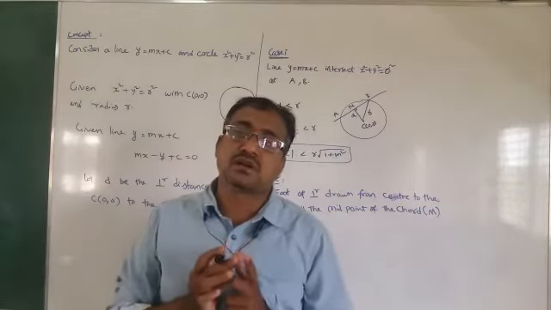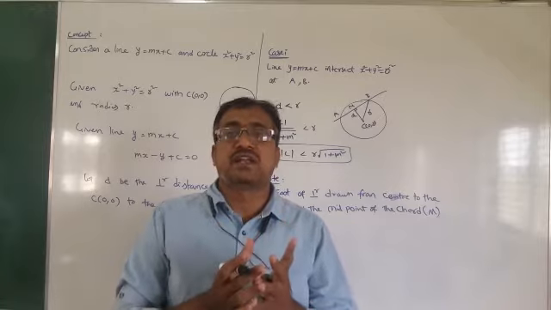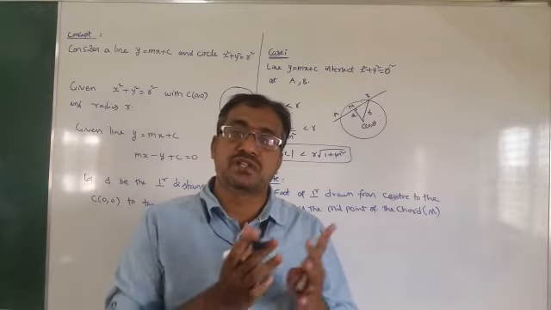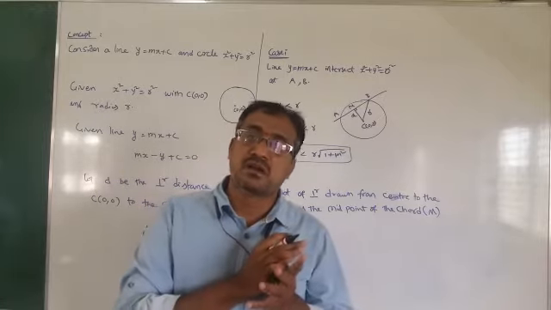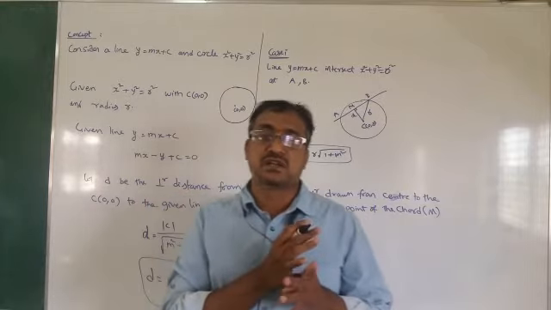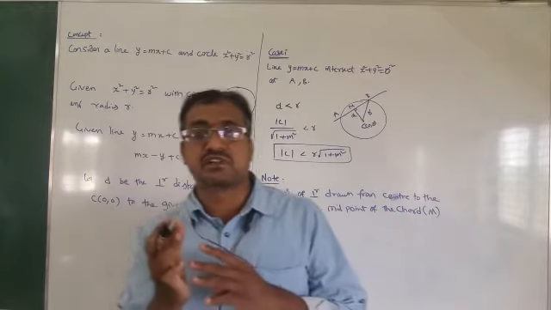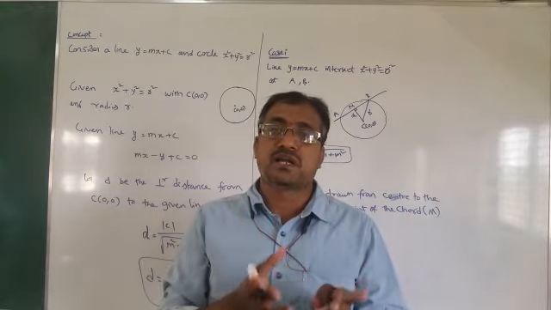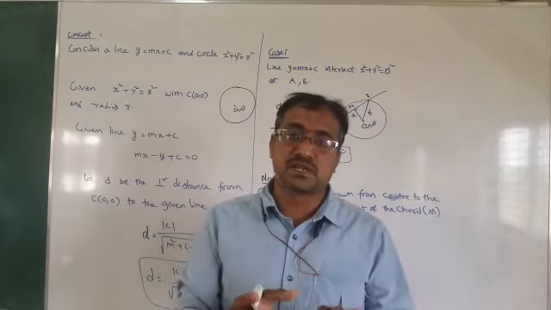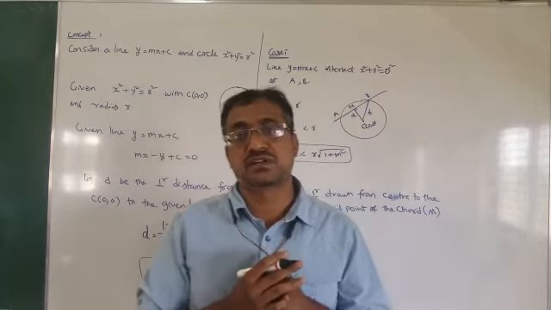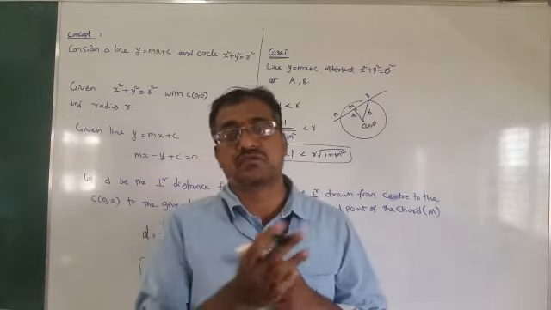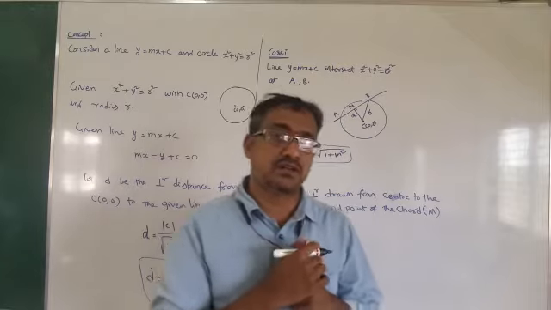Very, very important concept. You can find the midpoint of the chord by using the foot of perpendicular formula from first year intermediate level. So that is h minus x1 by a is equal to k minus y1 by b is equal to minus of ax1 plus by1 plus c by a square plus b square. By using that formula you can find the midpoint of the chord.